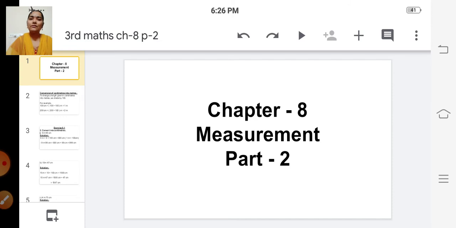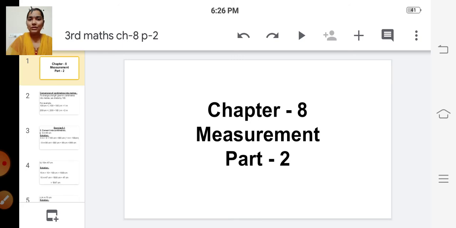So today we are going to learn how to convert centimeters into meter. Centimeter is the smaller unit and meter is the bigger unit, right? So to convert the smaller unit into bigger unit, we have to divide.